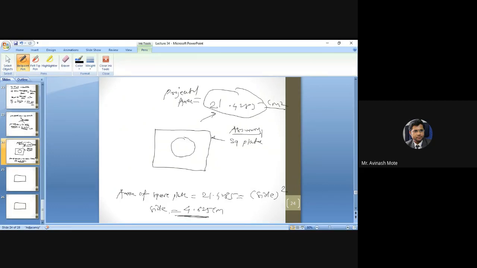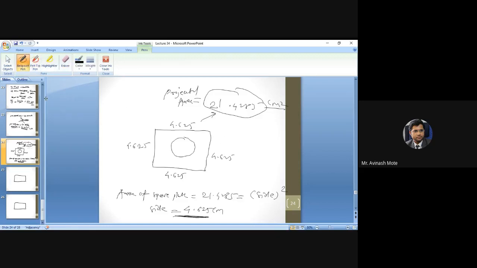That's what was expected, right? So the side of this mold plate is 4.625, and all sides are 4.625 because it is a square.